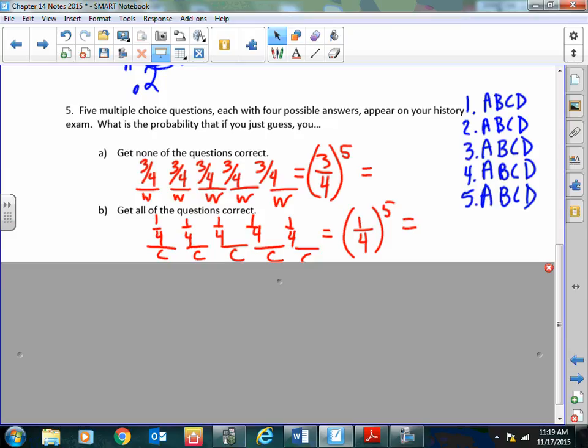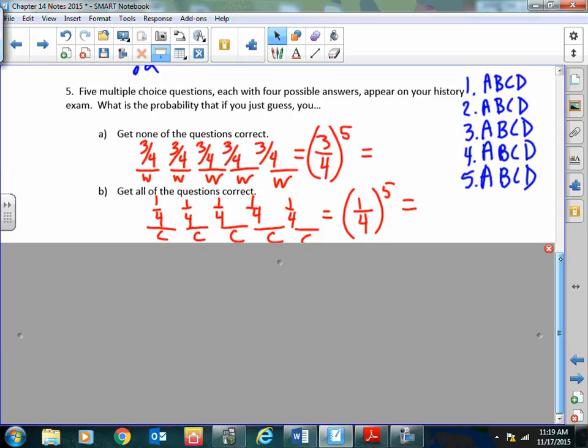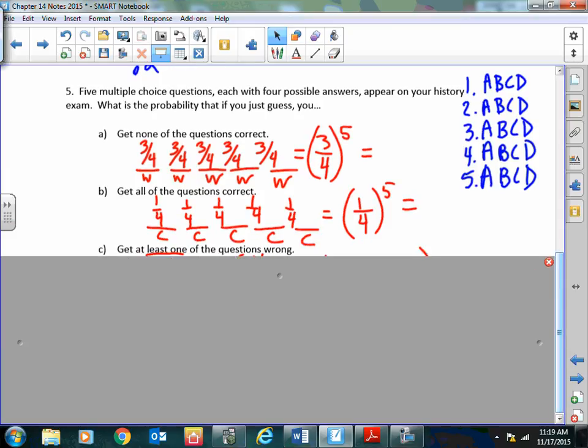A is not a 1 minus situation because it's straight up saying that absolutely none of them are correct. It did not say at least one of them is correct. Okay? So, in fact, part C is an at least one question. So if at least one question is wrong, then that would be 1 minus the probability that what?